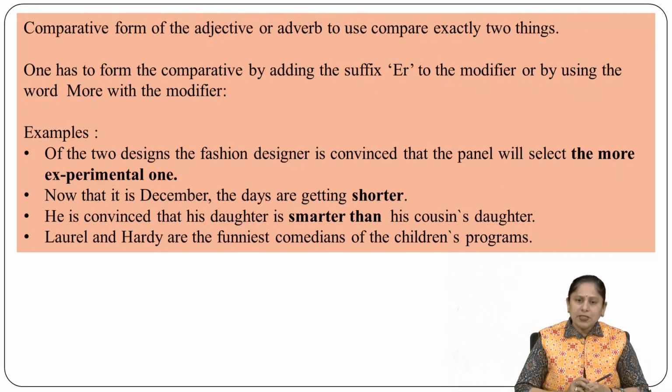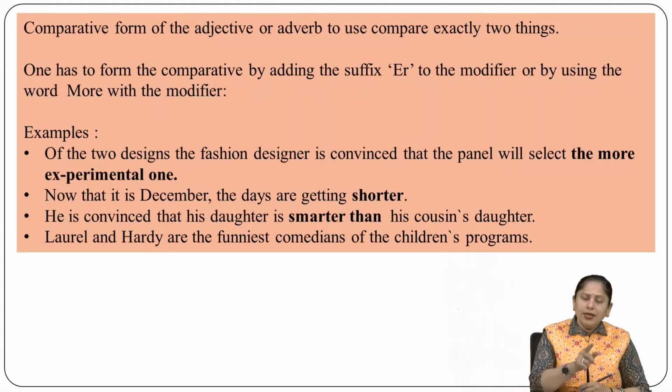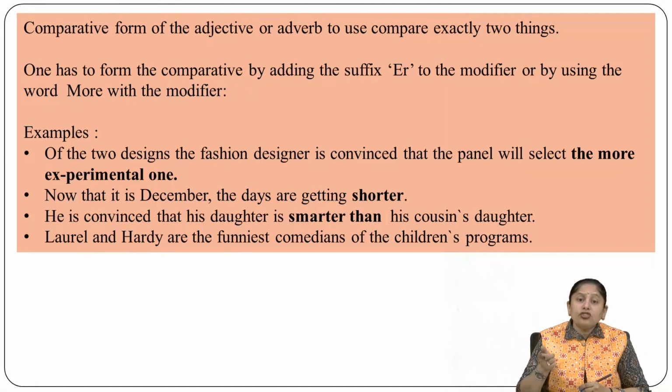Now that it is December, the days are getting shorter. How are the days? They are getting shorter. Again, the days and the idea of becoming shorter is talking about the days, so it is again the adjectival modifier.